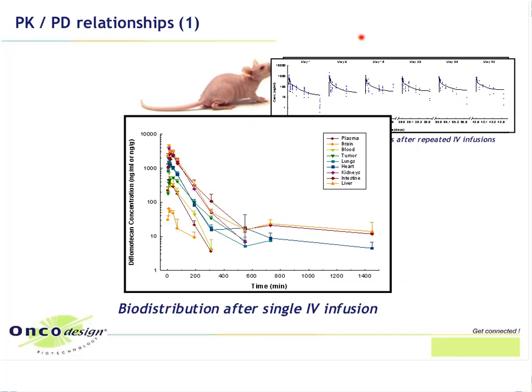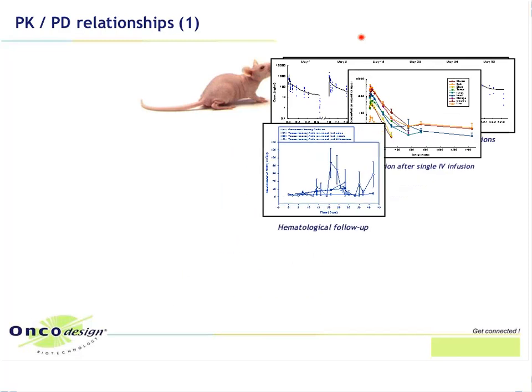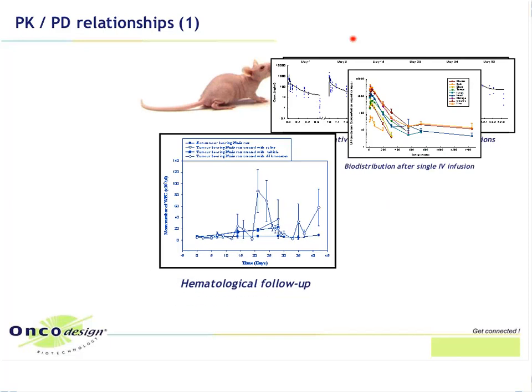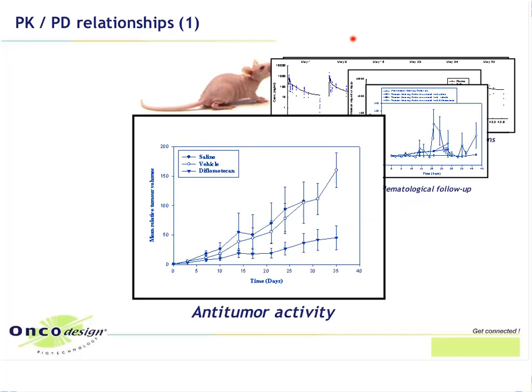We also performed hematological follow-up on the same rats, where we observed a strong decrease of the white blood cells and a strong recovery of these white blood cells after the end of treatment. In parallel, we observed a significant anti-tumor activity of diflumotecan, since the growth of the tumor was lower than the growth of the control.